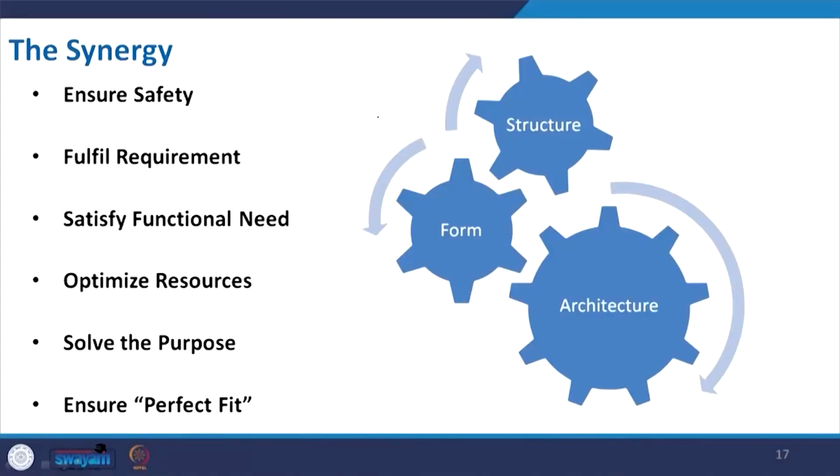Now we are almost ready to conclude this lecture. The synergy we talked about among form, structure and architecture has different objectives. Proper synergy will ensure the safety of the user, fulfill the requirements, satisfy the functional needs, and optimize the resources.